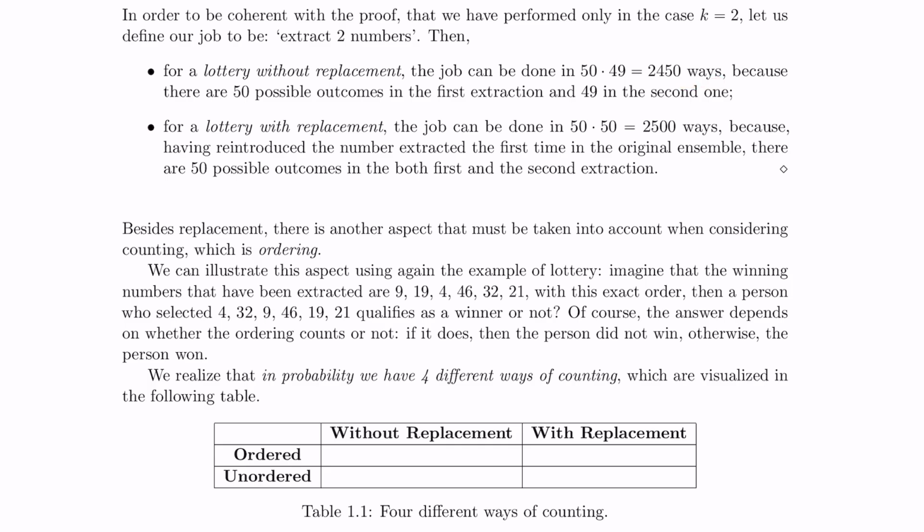The reason is that there are 50 possible outcomes in the first extraction and 49 in the second. Instead, for a lottery with replacement, the job can be done in 50 square ways, because we replace the number that has been extracted, and so there are 50 possible outcomes both in the first and in the second extraction.